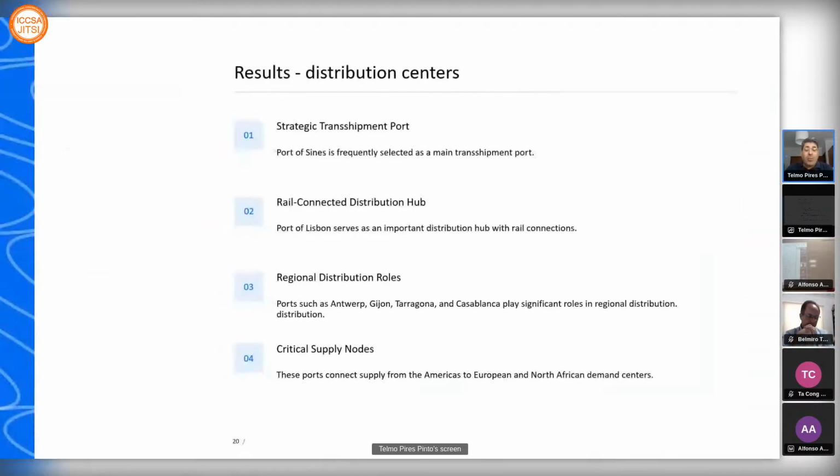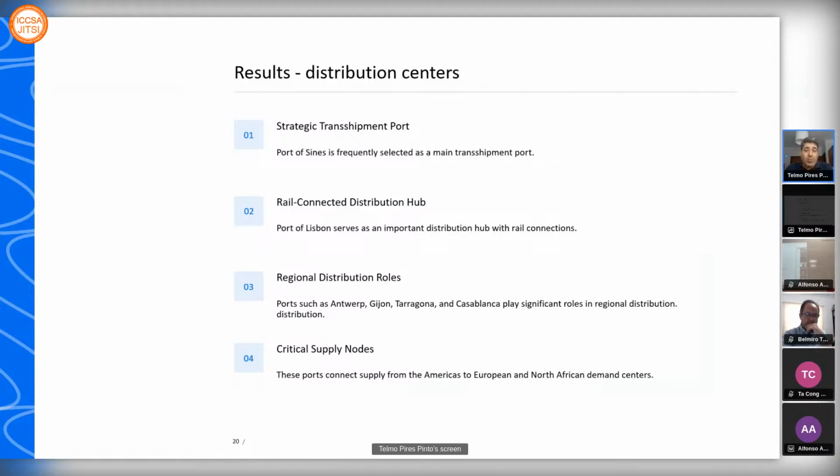Here we can say that the port of Sines is often chosen as a key transshipment port due to its strategic location and capabilities. Meanwhile, the port of Lisbon can function as a vital distribution hub, benefiting perhaps from its rail connections that facilitate efficient inland transportation.